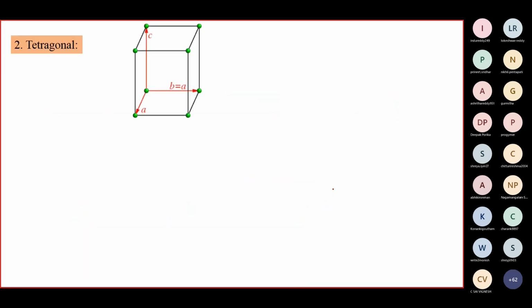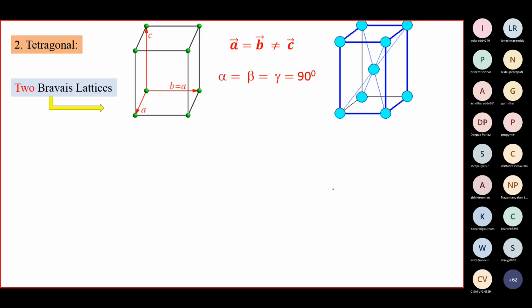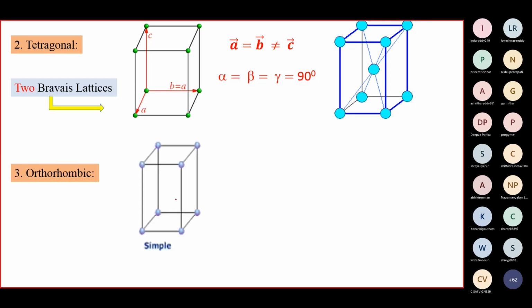Then tetragonal. From the diagram, a is equal to b, but c is not equal to a and b. Alpha, beta, gamma are still equal to 90 degrees. In tetragonal, there are two types of Bravais lattices: simple tetragonal and body-centered tetragonal. And we have orthorhombic.